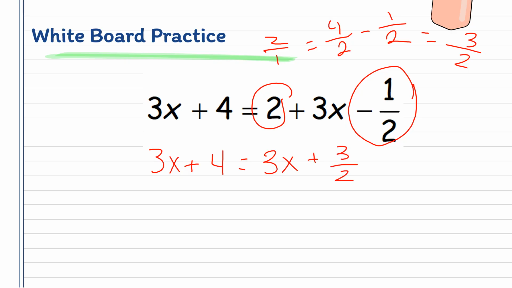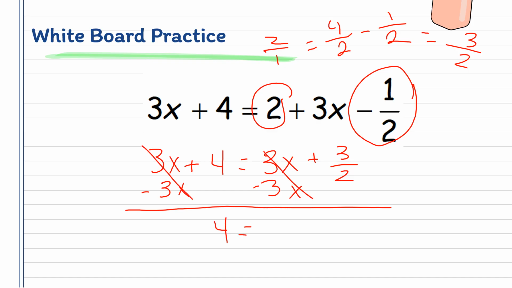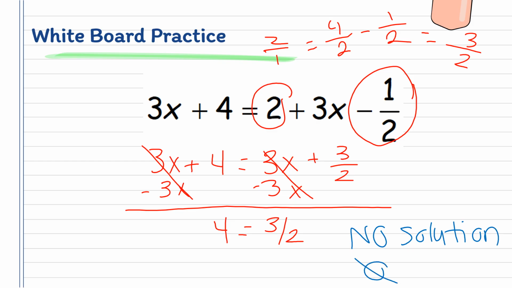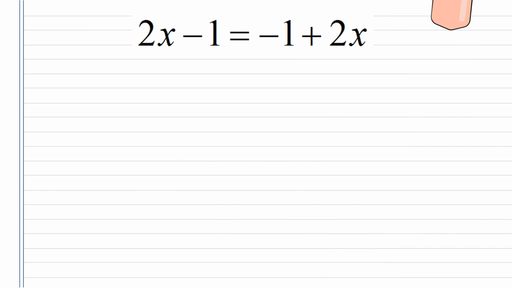Okay, let's do some other things. Subtract 3x on both sides. So these go away. I'm left with 4 equals 3 over 2. That is not true. So there is no solution. We can say that. We can also use that symbol here. Either one of those are perfectly acceptable.